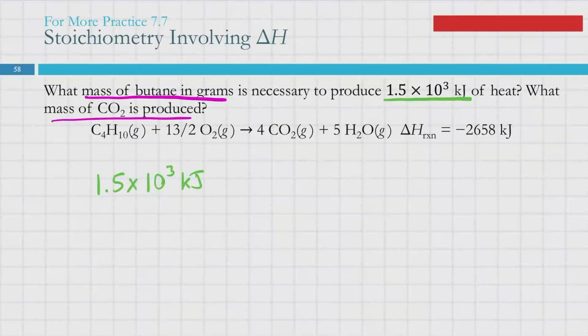What's the heat value that we're given in the balanced reaction? Also in kilojoules, so it's convenient. That's one of the things that we care about because we're given a heat value. What's one of the other chemicals that we're interested in? What are we trying to find? Butane. So butane is going to be the C4H10.